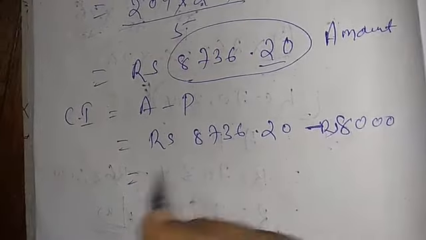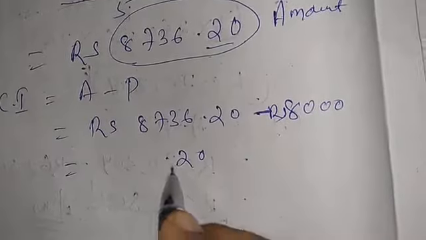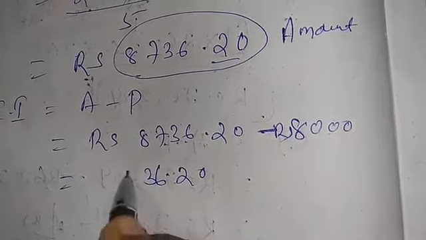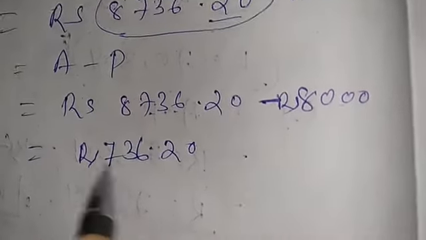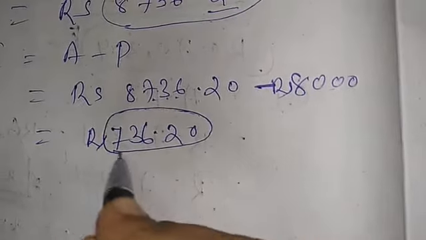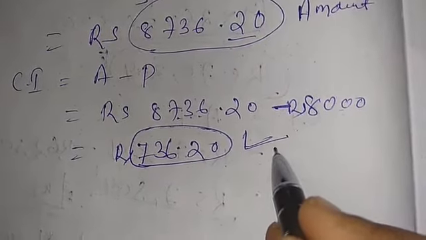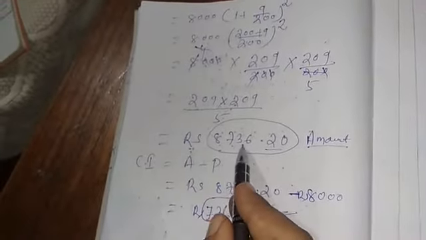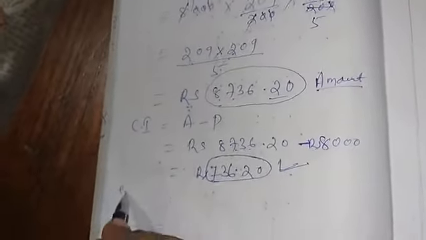So we subtract: 20, then 6 minus 0 is 6, 3 minus 0 is 3, 7 minus 0 is 7, 8 minus 0 is 8. That means 736 rupees 20 paise. This one is the compound interest. So compound interest equal to 736 rupees 20 paise and amount equal to 8736 rupees 20 paise. Okay students, so next we proceed to part E.